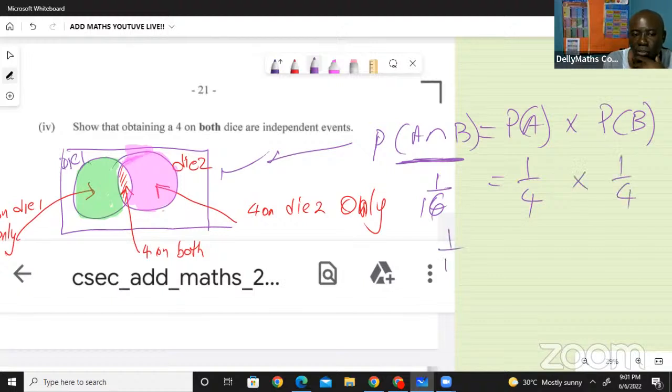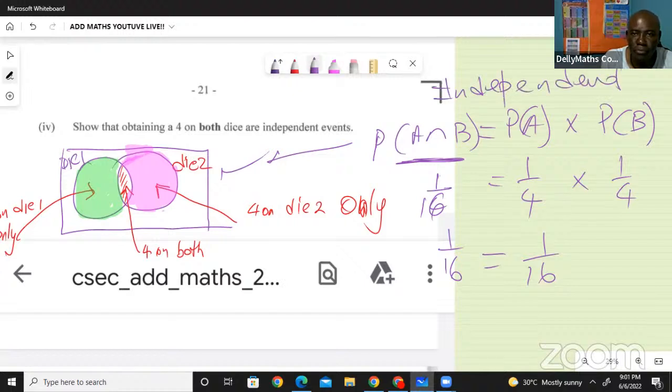And then look for yourself: 1/16 equal to 1/16. They are independent as well, because this is how you can prove independence. When two events are independent, you can relate to it this way.